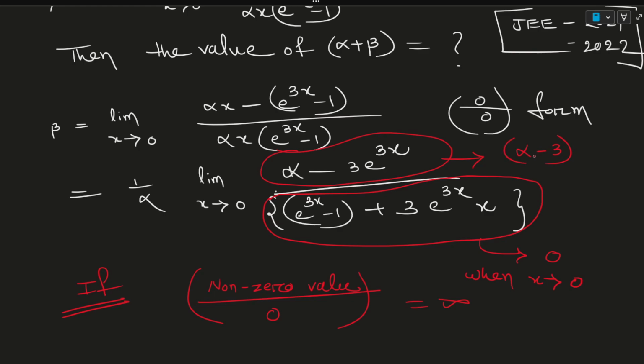As we don't know the value of alpha, if we take it that alpha minus 3 is a non-zero value, then when x tends to 0, the function will be reduced to this format.